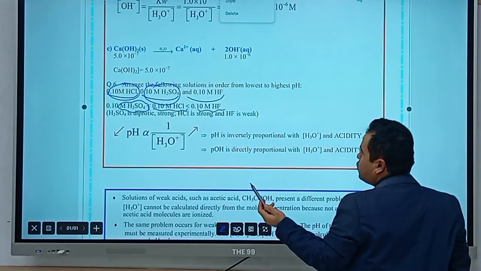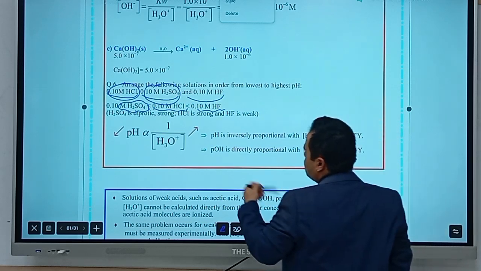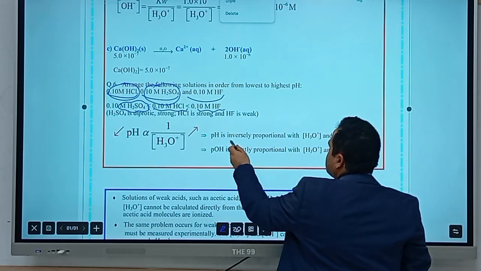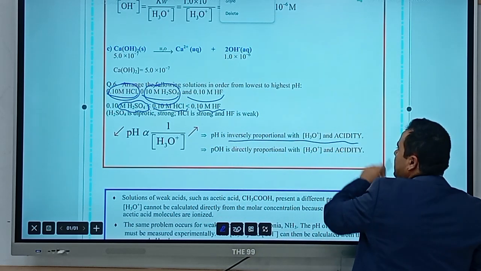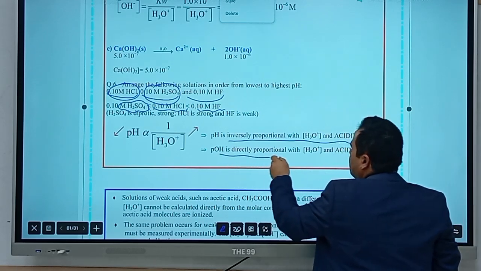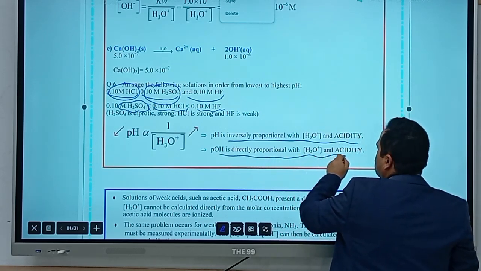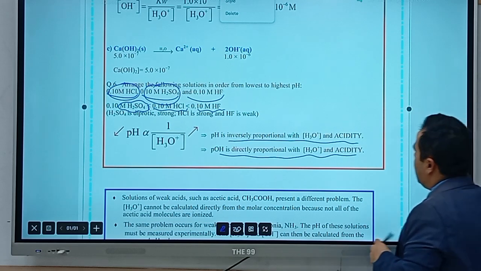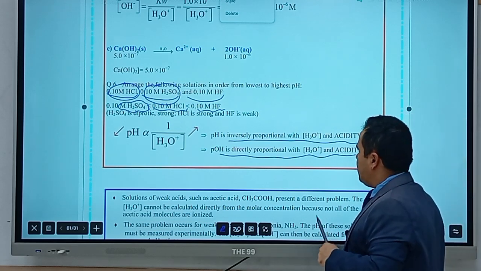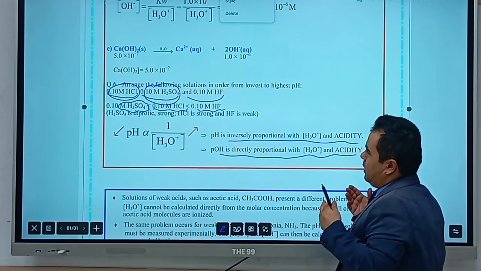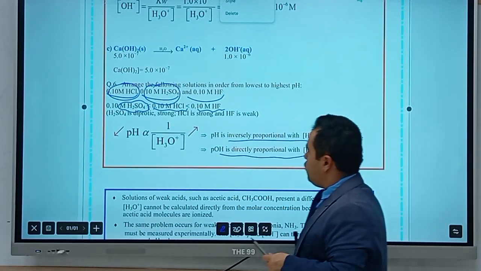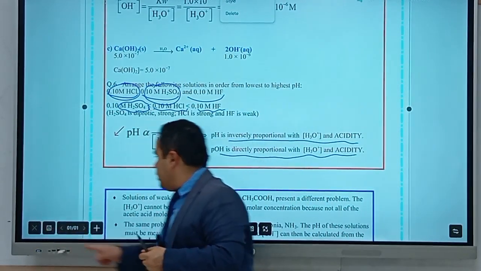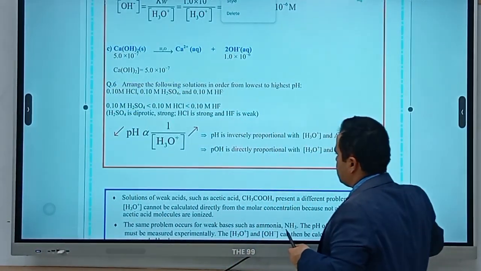Here is the relation between pH and hydronium, as we talked about: pH is inversely proportional to the hydronium and acidity. pOH is directly proportional to the hydronium and acidity of the solution. That is the relation between the pH, pOH, acidity, and alkalinity of the solutions, guys.